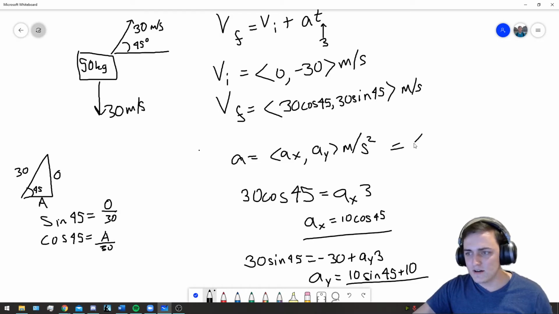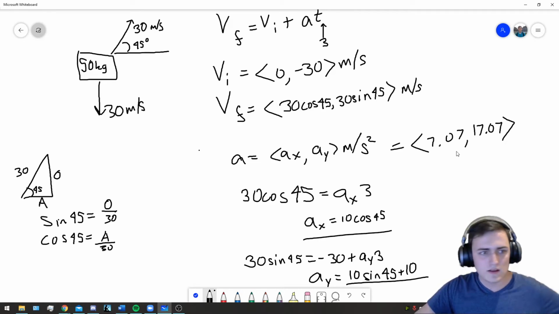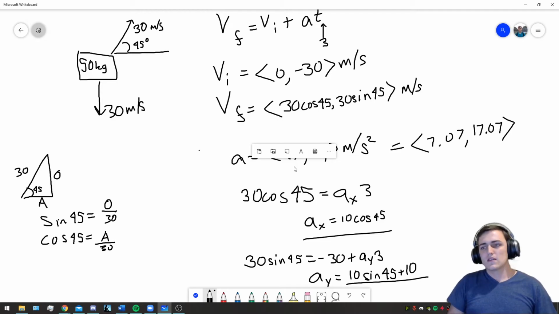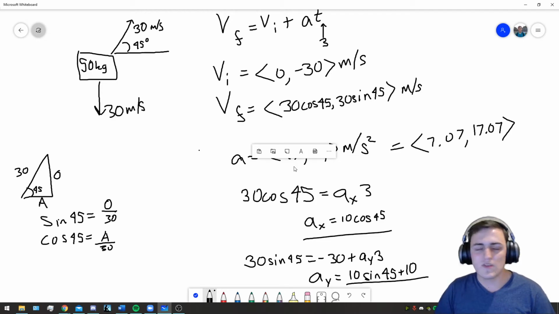And that tells us that our a is going to be 7.07, 17.07. That tells us the acceleration the object is under.